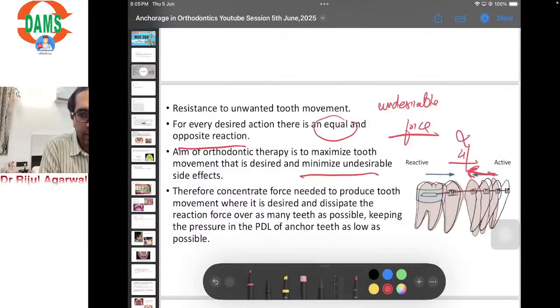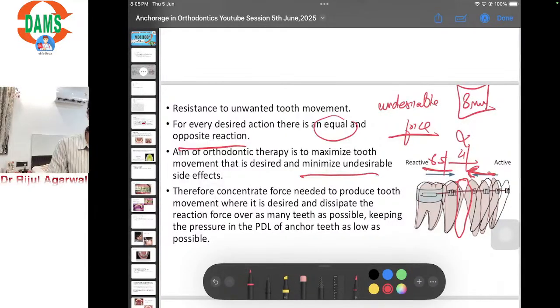The undesirable force is that the posterior teeth, the second premolar and the first molar, will also move into that empty space. Supposedly there is 8 mm of space, and we wanted to retract the anterior teeth to correct the proclination, but the posterior teeth will also move into that space, thereby minimizing the space closure by the anteriors and minimizing the correction of proclination.